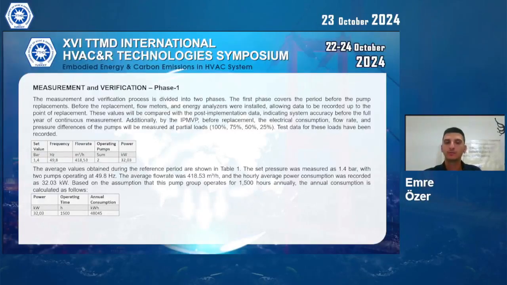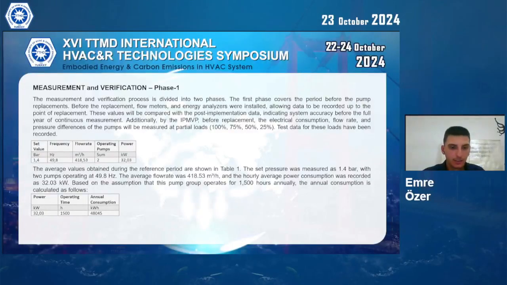These values will be compared with the post-implementation data, indicating system accuracy for the full year of continuous measurement. Additionally, by the IPMVP rules, before replacement, the electrical consumption, flow rates, and pressure differences of the pumps were measured at partial loads, like 100%, 50%, like this. And test data for these loads have also been recorded.